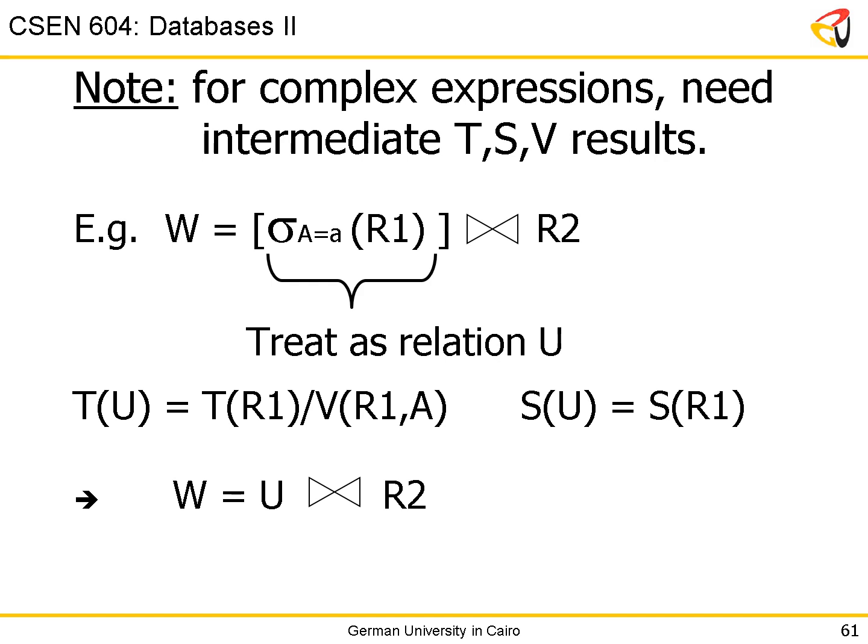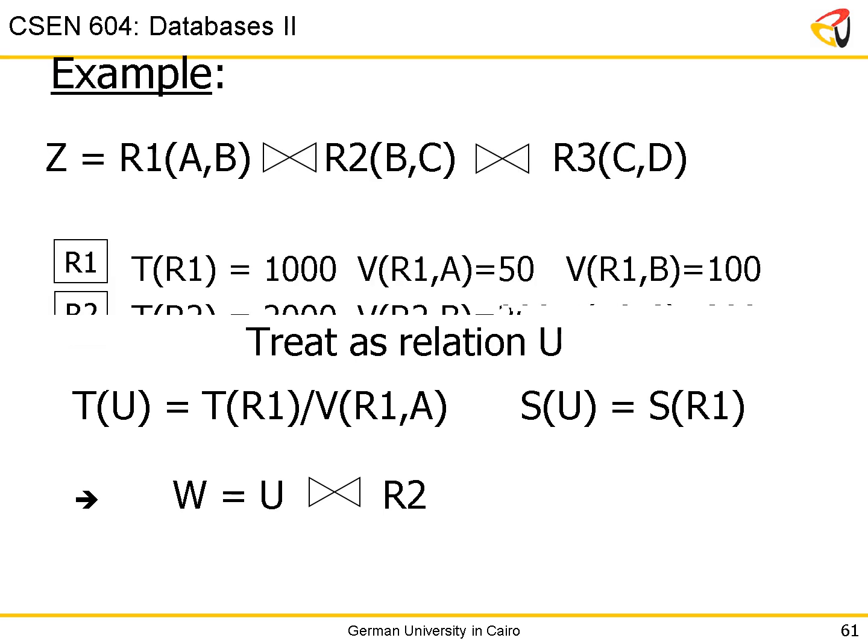And this will be the size of this temporary table. I'm calling it U. And the S of U is going to be S of R1, because I'm not doing any projection here. And then I will do U joined with R2. Okay, so I have here the important term that I need to work with. Okay, and this will continue on.